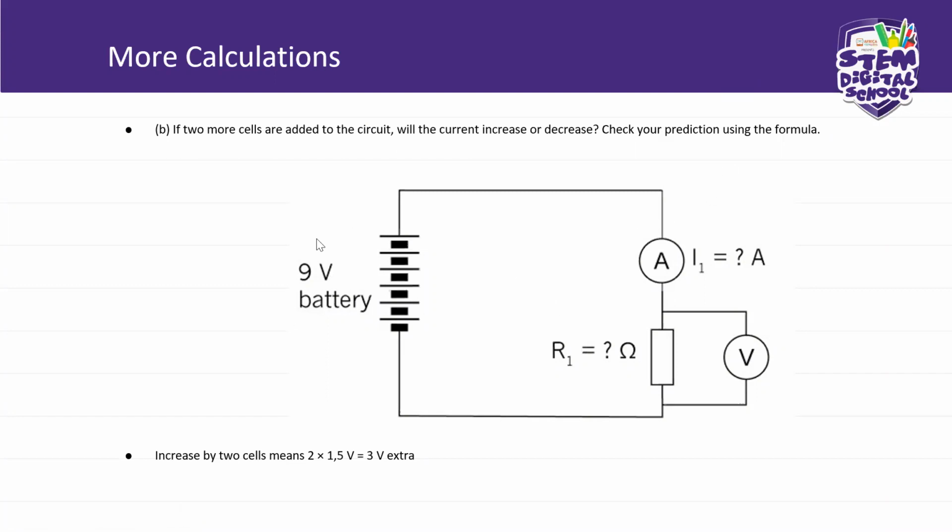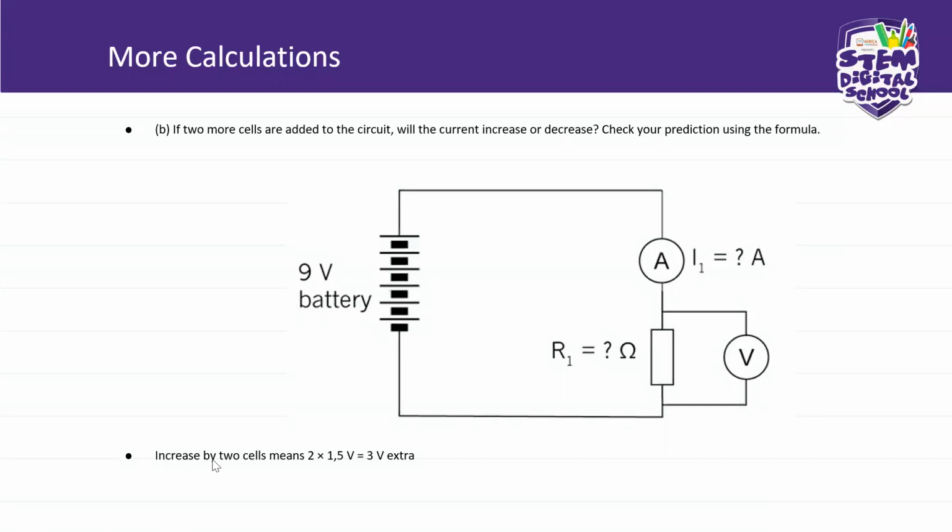This is a 9V battery, and we are checking the current. The question is, if 2 more cells are added to the circuit, will the current increase or decrease? We know that the current will increase. But let's check the answer here.